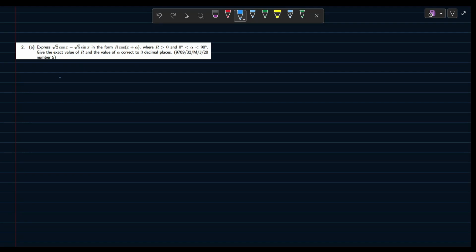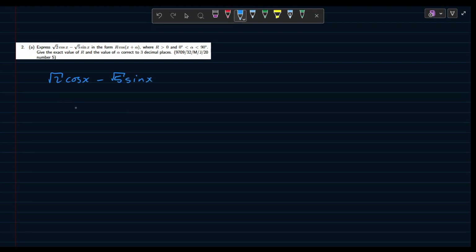So here we're told to express root 2 cos x minus root 5 sine x in the form r cos x plus alpha, where r is greater than 0 and alpha is between 0 degrees and 90 degrees. Give the exact value of r and the value of alpha, correct to 3 decimal places. So we've got root 2 cos x minus root 5 sine x.